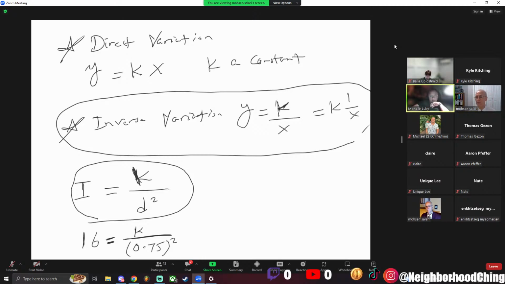Do you not want to convert units now, or do you do that later, or does it not matter? Oh, what unit am I converting in this problem, may I ask? Yeah, so if the intensity is 16 watts per meter squared and the distance is in kilometers, do you not bring kilometers down to meters, or does it not matter?